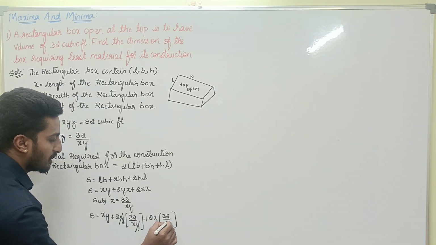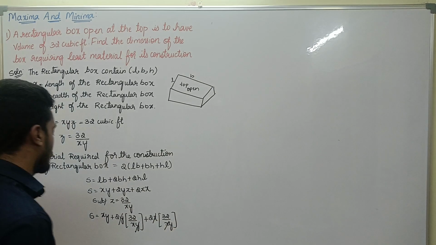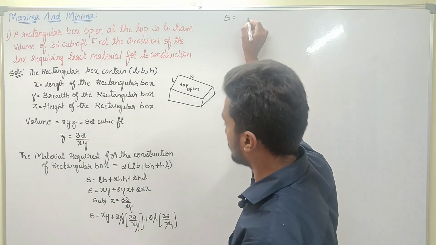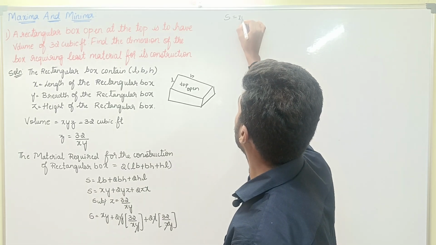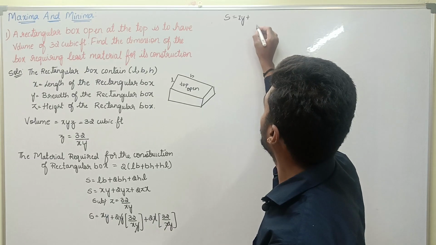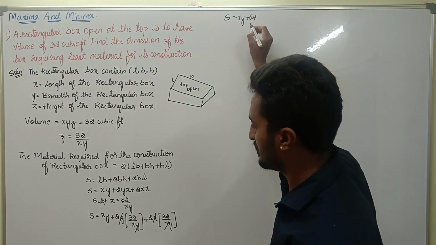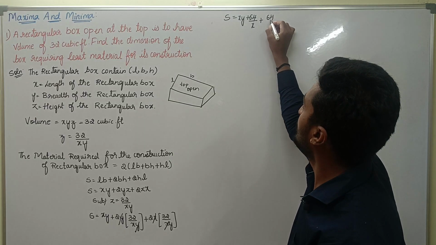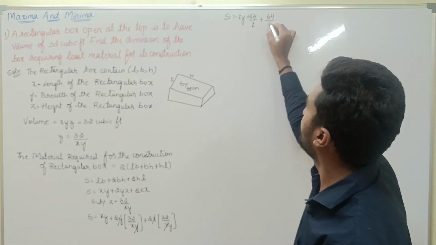Y gets cancelled, x gets cancelled. Now S is equal to xy plus 32 into 2, we get 64 divided by x plus 64 divided by y.